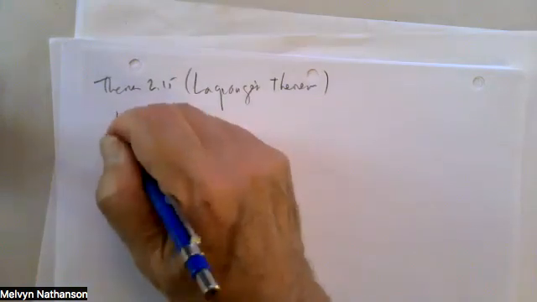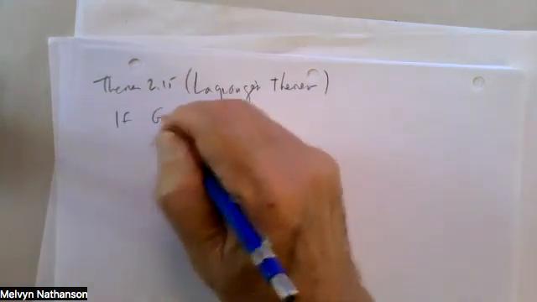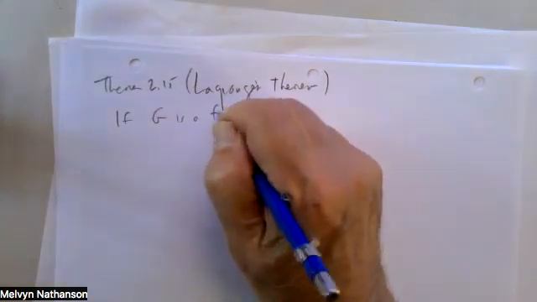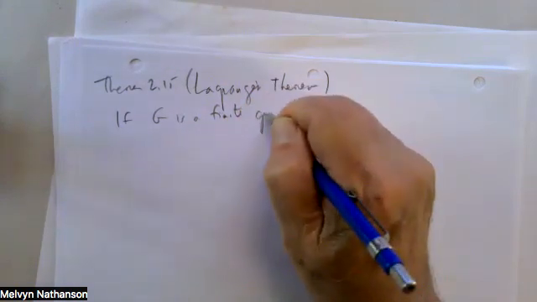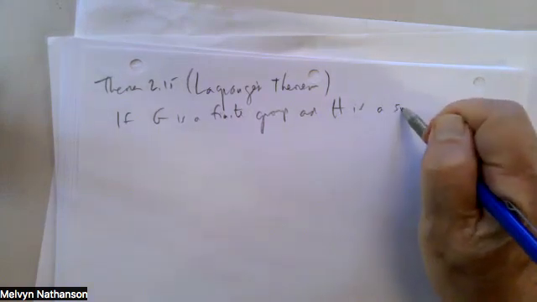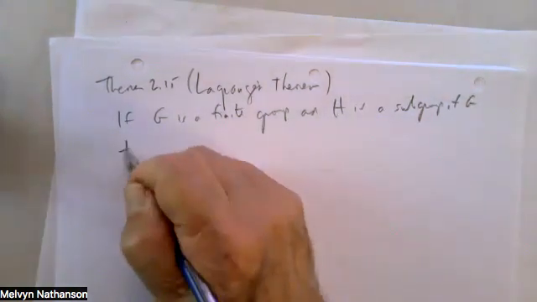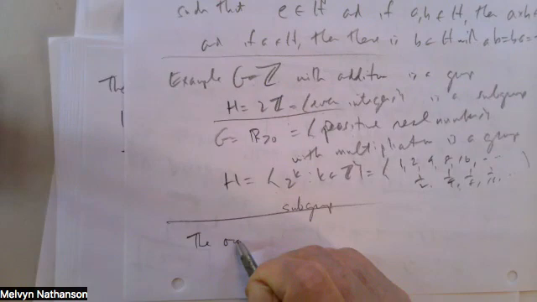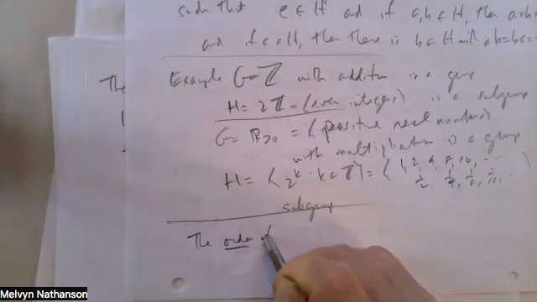It says that if G is a finite group and H is a subgroup of G, then, and what follows then? So let me give this definition. What is called the order of a group.